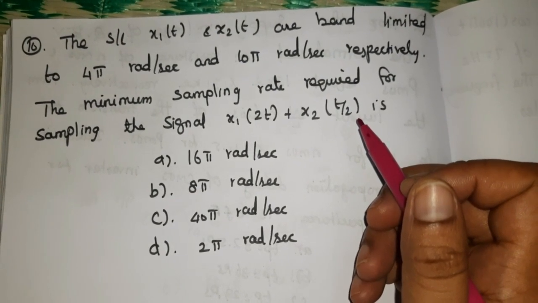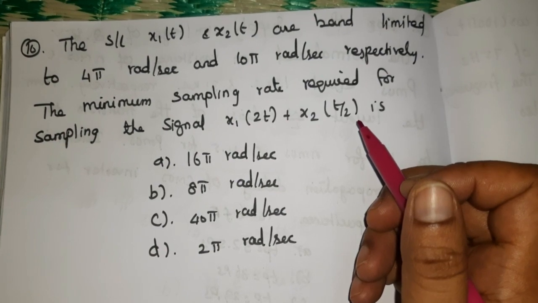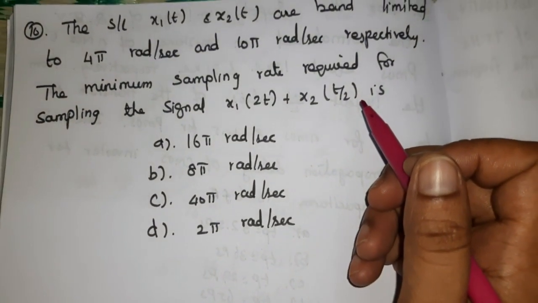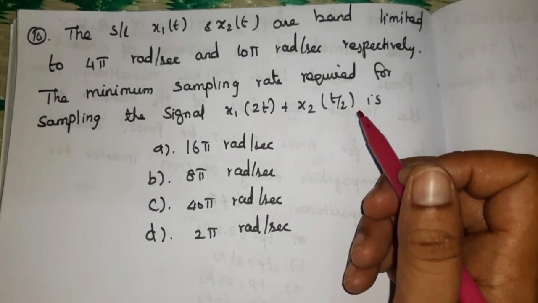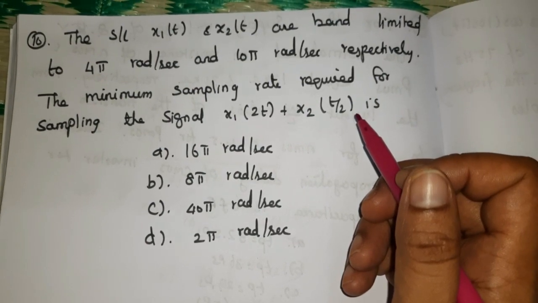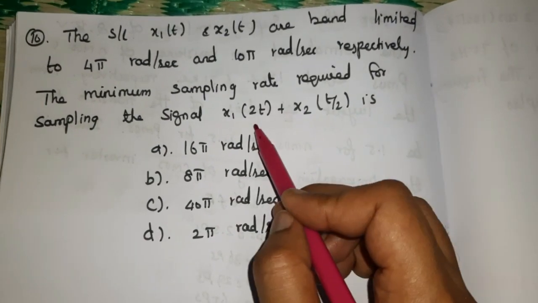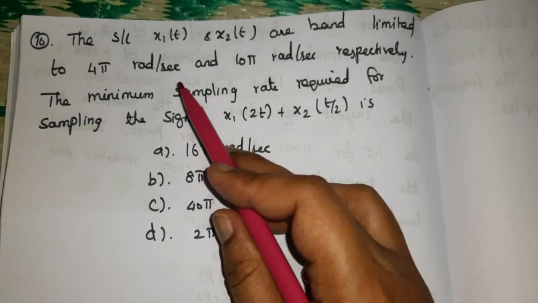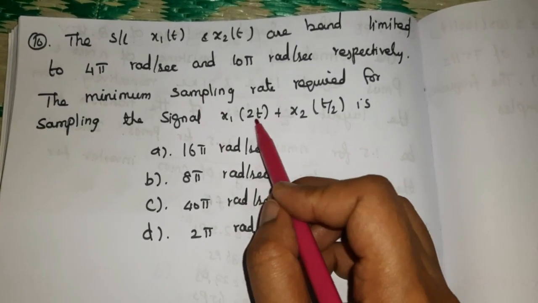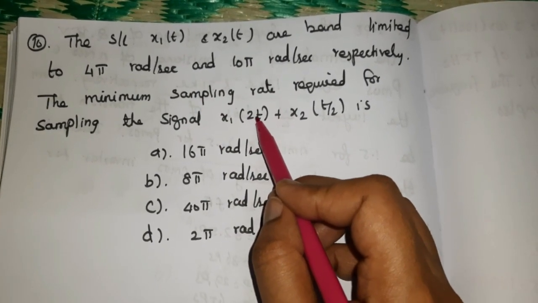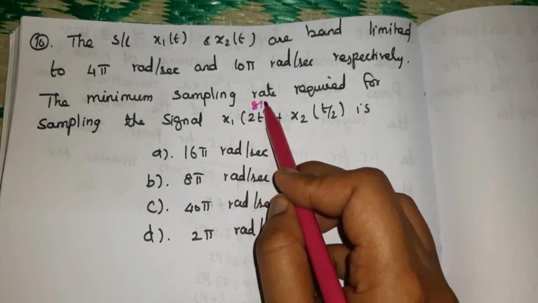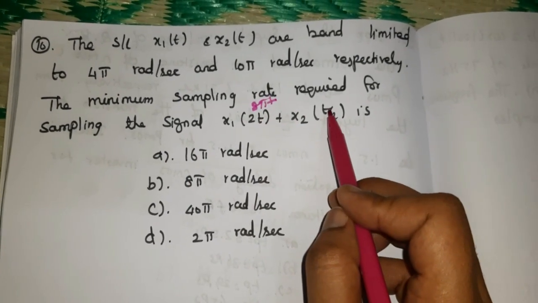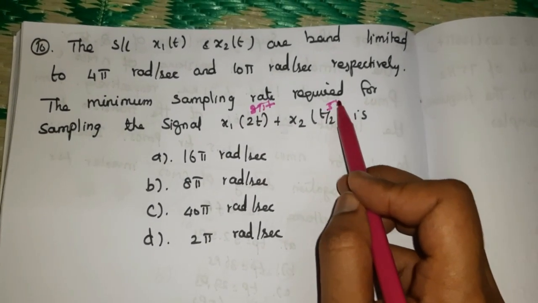Next question: the signals x1 of t and x2 of t are band limited to 4 pi radian per second and 10 pi radian per second respectively. The minimum sampling rate required for sampling the signal x1 of 2t plus x2 of t by 2 is? Applying the band limited values, the 2t becomes 8 pi, and the t by 2 becomes 10 by 2, so 5 pi.